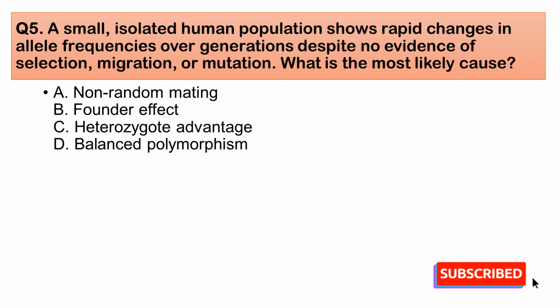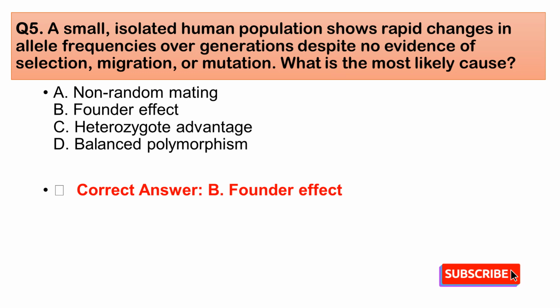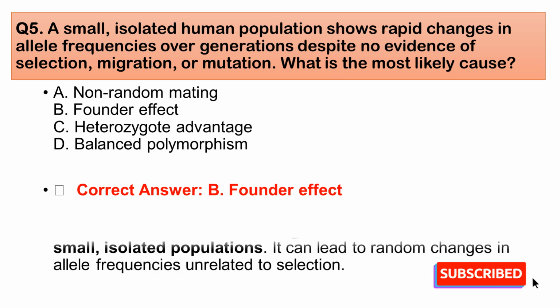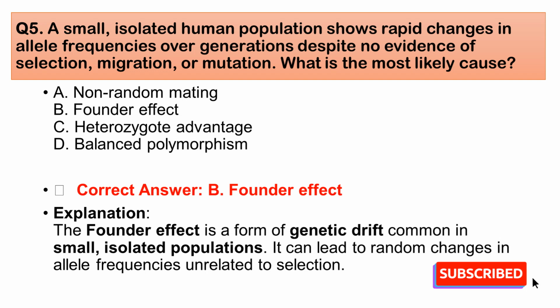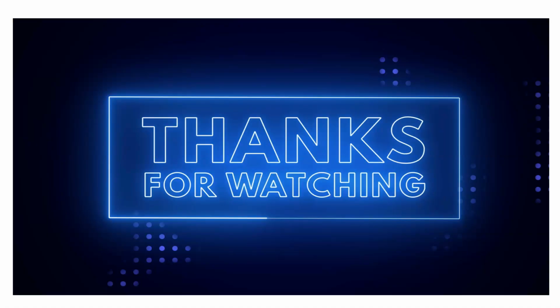D. Balanced polymorphism. Correct answer: B. Founder effect. Explanation: the founder effect is a form of genetic drift common in small, isolated populations. It can lead to random changes in allele frequencies unrelated to selection.